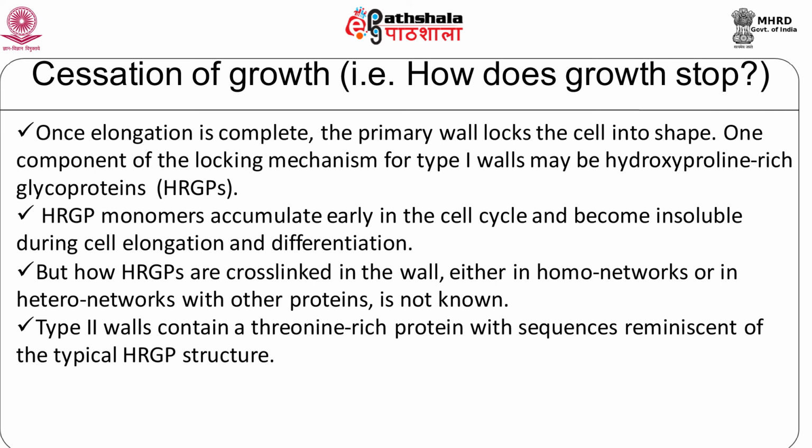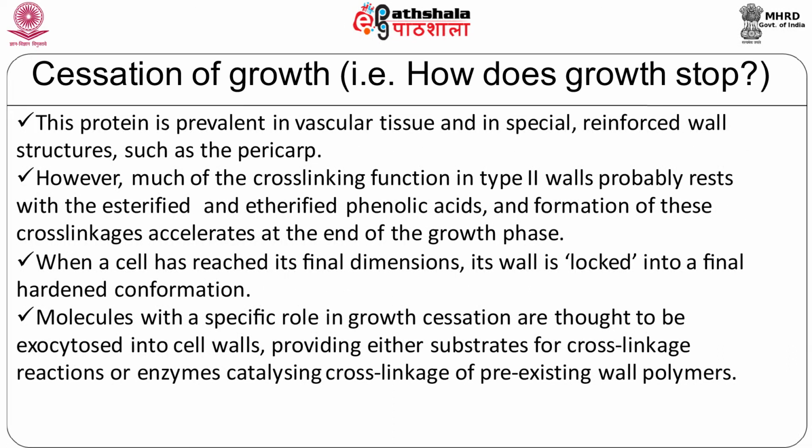Type 2 walls contain threonine-rich proteins with sequences which are typical of hydroxyproline-rich glycoprotein structures. Hydroxyproline-rich glycoproteins as well as threonine-rich proteins are prevalent in vascular tissues, especially in reinforced wall structures such as pericarp.